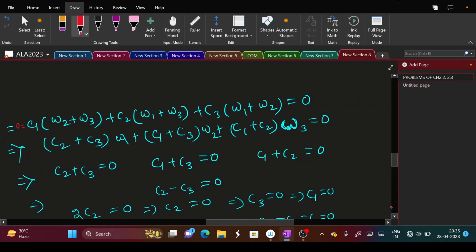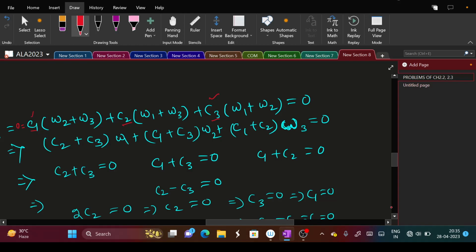Now let us take the common W1, that is C2 plus C3 into W1. Similarly, let us take W2 common, that is C1 plus C3 is the coefficient of W2.